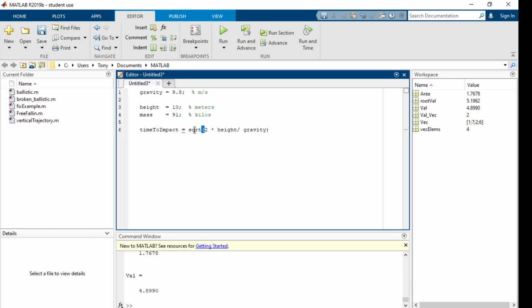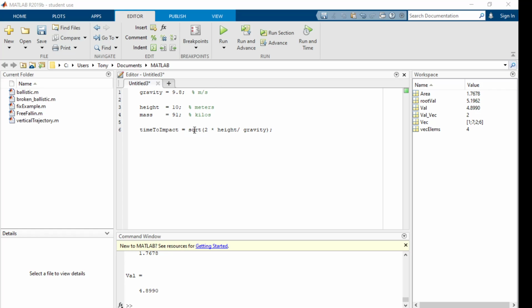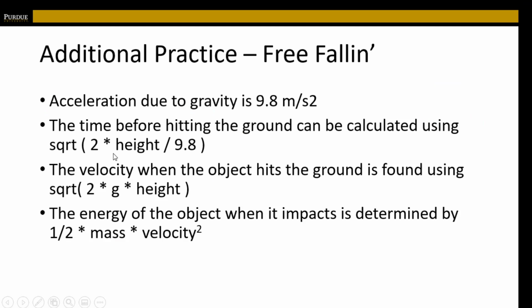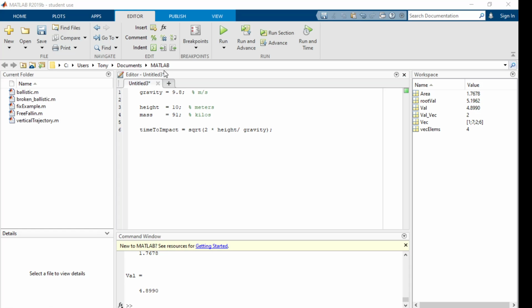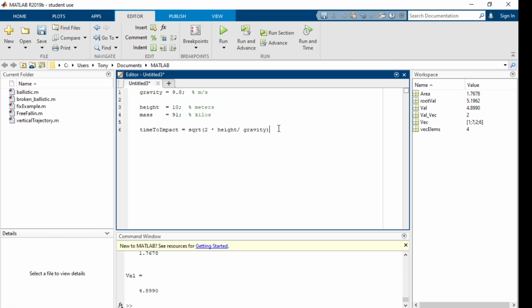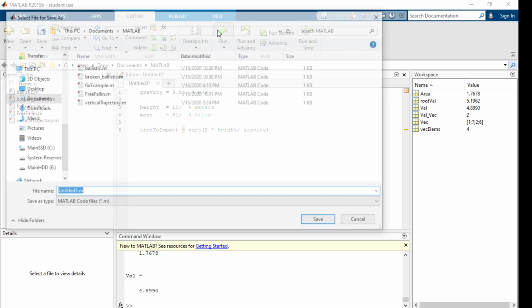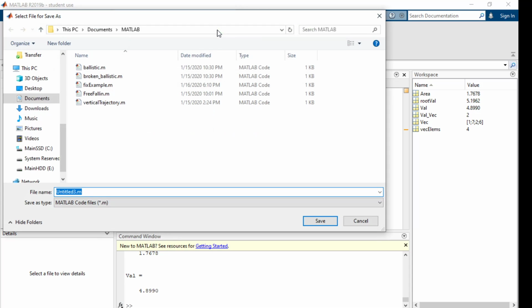I think I'll double check myself. And square root of 2 times the height divided by gravity. That looks good. Oops, I'm going to take away my semicolon here. And I have to save it.